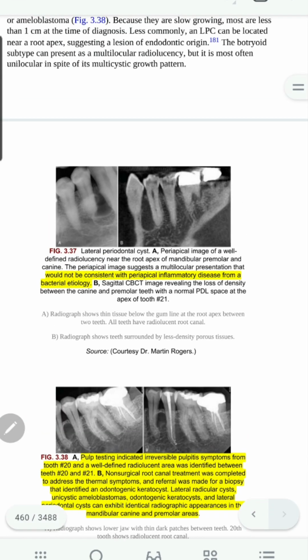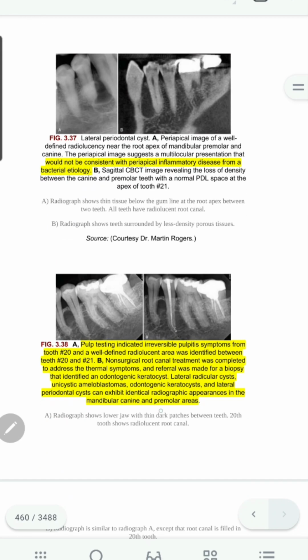Here, the author is showing us that the radiolucencies are so similar in shape, but when doing the biopsy, they were so different. The first one here was a lateral periodontal cyst, but here it was an odontogenic keratocyst. So he came to the conclusion that when they're small in size, they cannot be distinguished radiographically.